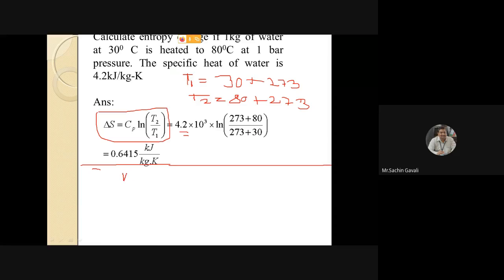So I am giving m is equal to 2 kg, heated from 60 degrees Celsius to 90 degrees Celsius, at 1 bar.